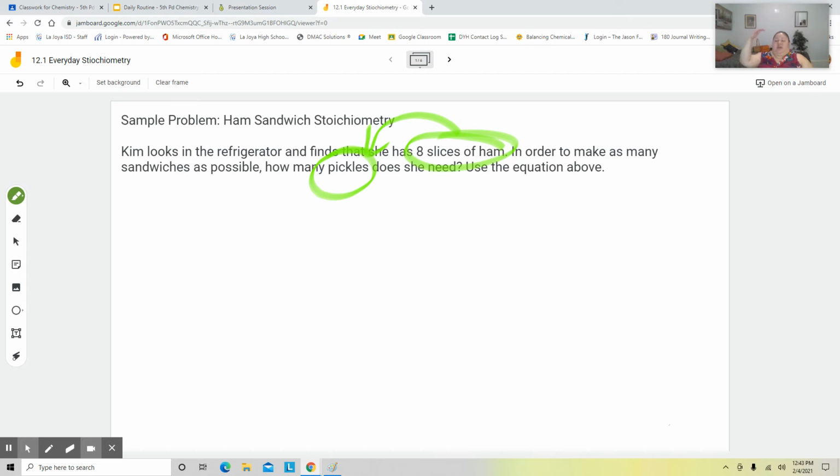Well, they're giving you 8 slices of ham and they're asking you to change your 8 slices of ham to pickles because they want to know how many pickles you need in order to use up all the ham. We can do that, right? We're going to go to the equation and figure out how much ham, how much pickles was used. Let's go back to the presentation.